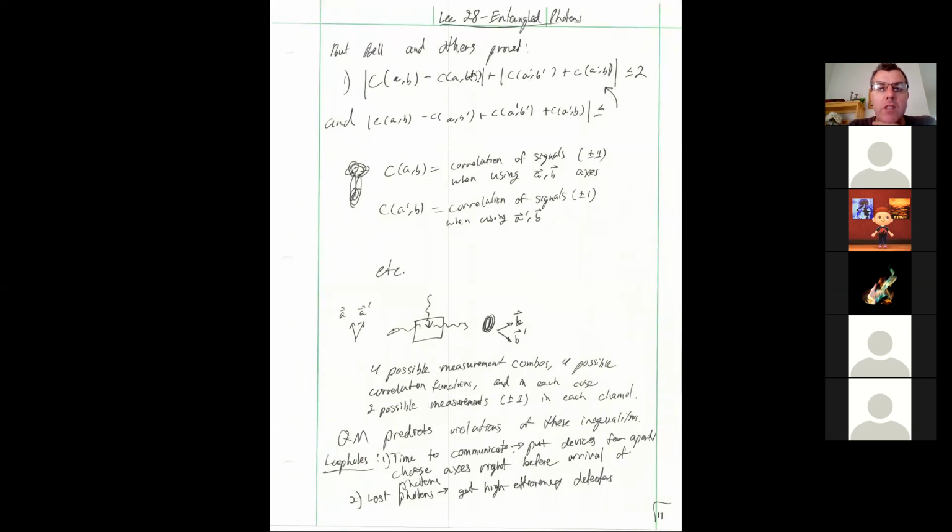Using probability theory, someone worked out an inequality that they have to satisfy. And the key assumption there is that they never included any information on what the other photon is doing. And then they used quantum mechanics, and they calculated what these correlation functions should be using the predictions of quantum mechanics. And with quantum mechanics, we get violations of these inequalities.